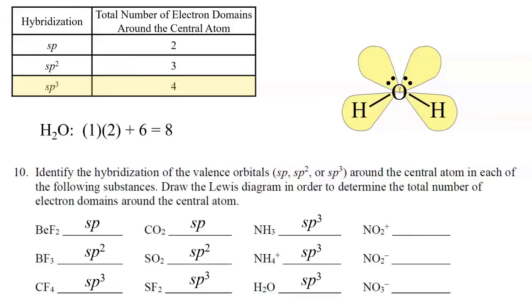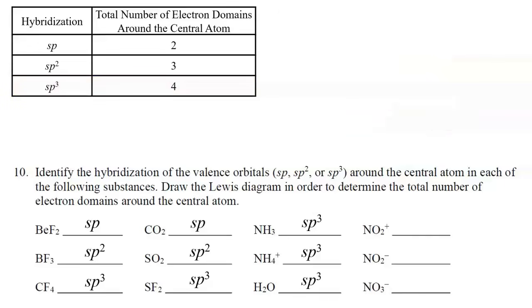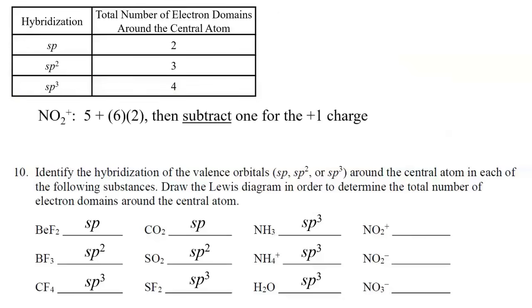Our next example is NO2+, the polyatomic ion. So that's 5 for nitrogen plus 6 for oxygen times 2. That would be 17 electrons, but then we subtract 1 from the total for the positive 1 charge. So it's 16 valence electrons. We have already seen what carbon dioxide looks like with a total of 16 valence electrons.